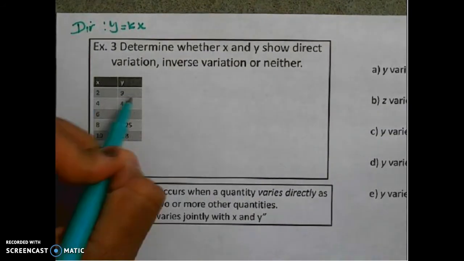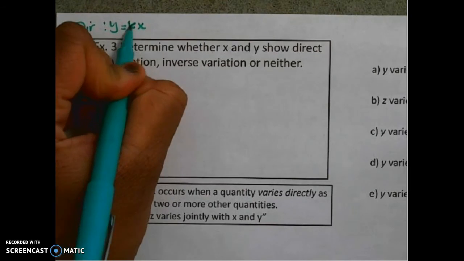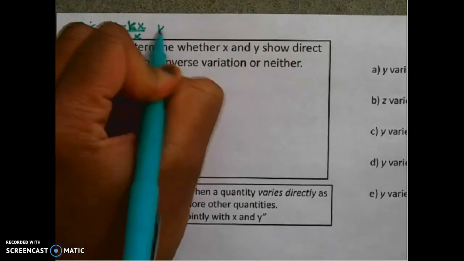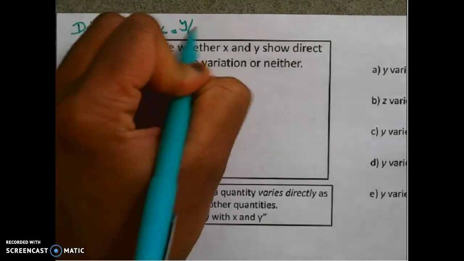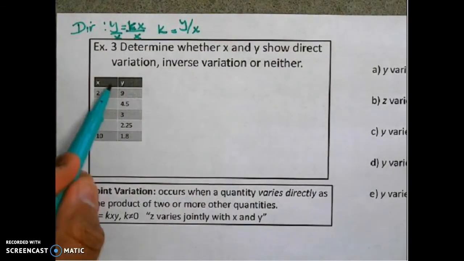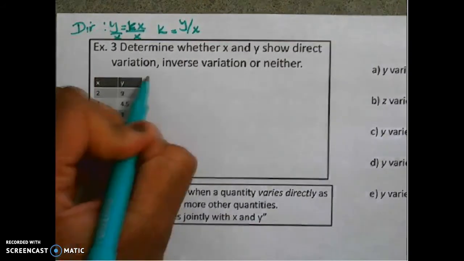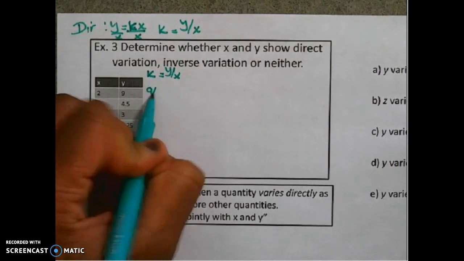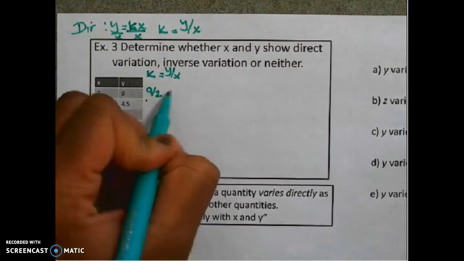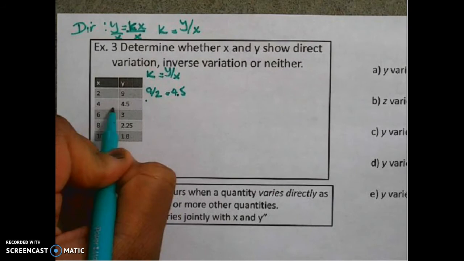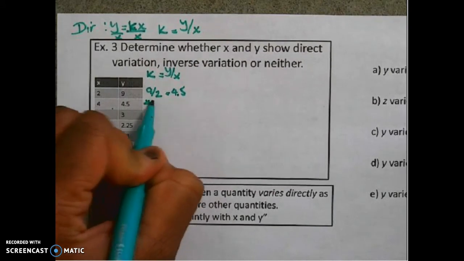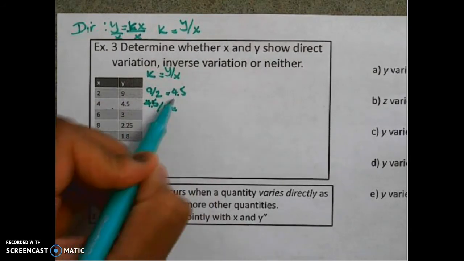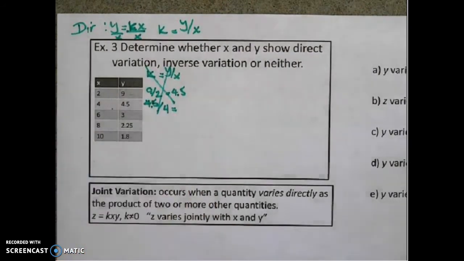Like what I need to do to x and y, and is there a constant number k? So I'm going to divide both sides by x, and I find that k is equal to y divided by x. So if that's constant for each one, so k equals y over x, I'm going to divide, and I get 9/2, which is equal to 4.5, by the way. For this one, the y is 4.5 divided by 4. Is that 4.5? Not at all. So it's not going to be direct variation.